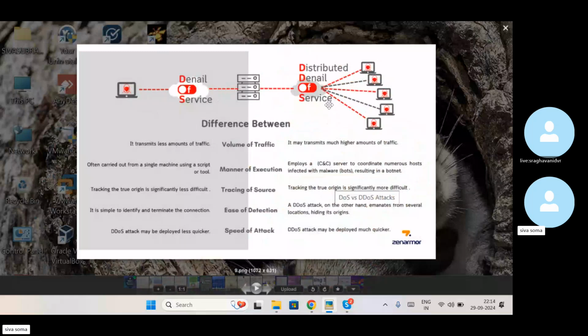Here you will use multiple machines, controlled by a command and control server, called a C2 server.